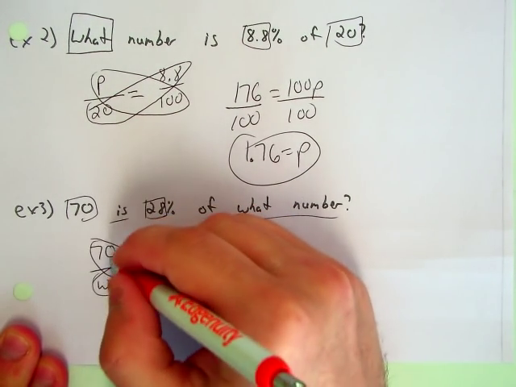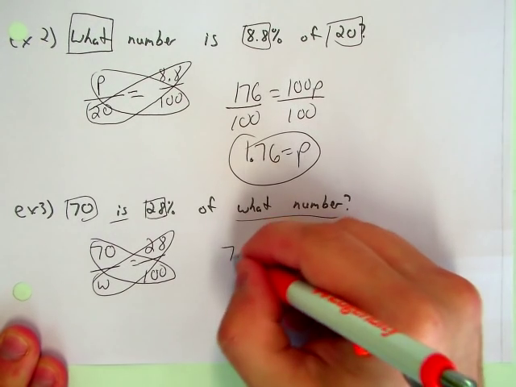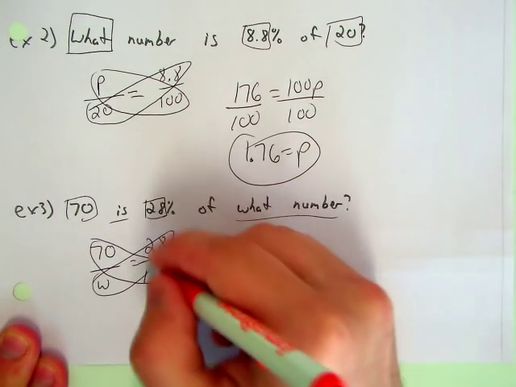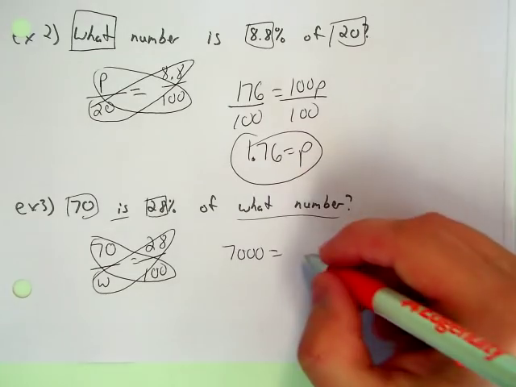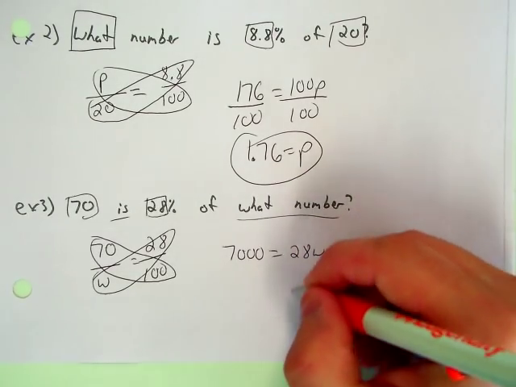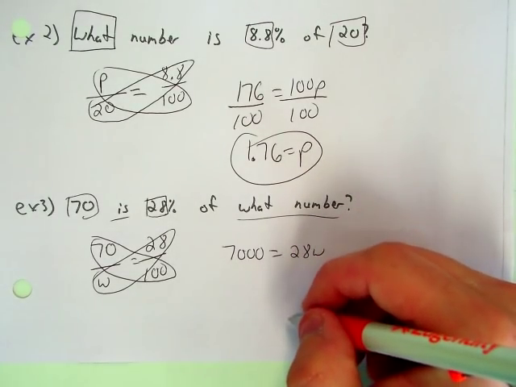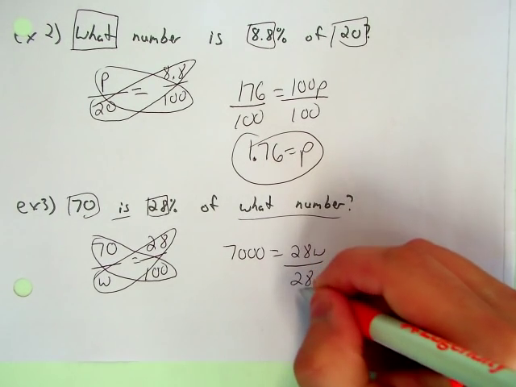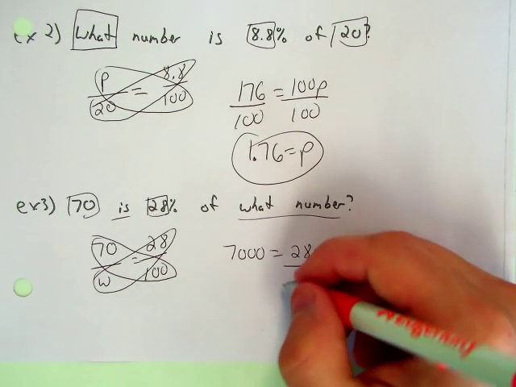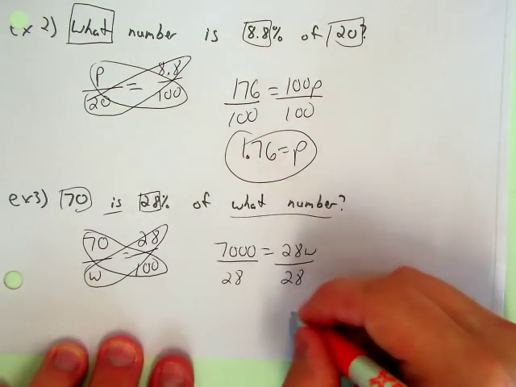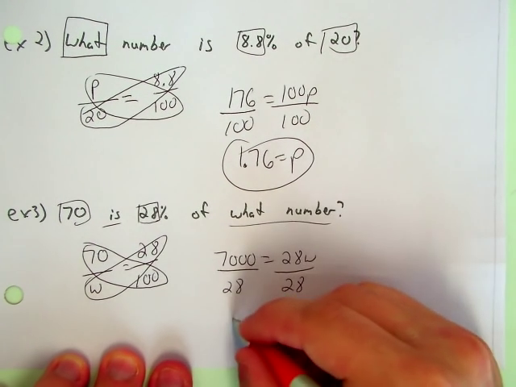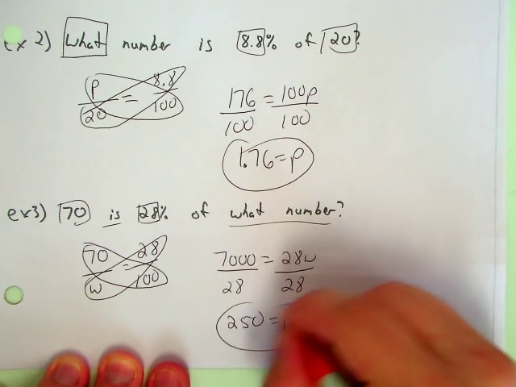Cross multiply, so 70 times 100 is 7,000. 28 times W is going to get you 28W. If I divide both sides by 28, I would see that the whole is 250.